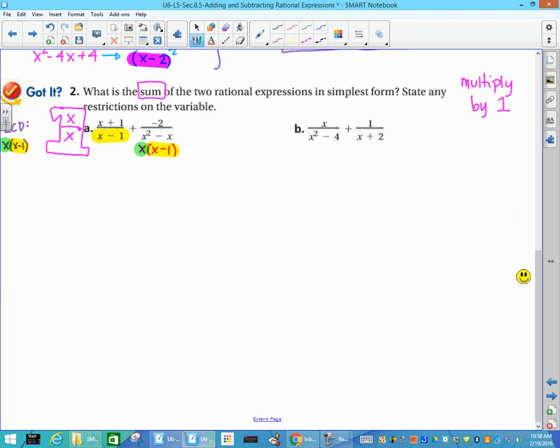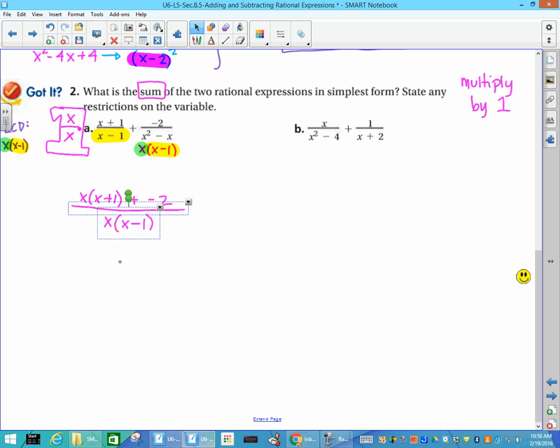So when you do this, I write whatever I have on the bottom, so that's my denominator. And when I multiplied it by this, this allows me to write the numerators all over the same thing. So this is x times x plus 1 plus negative 2. And now, of course, we're going to simplify that. Let me move that up a little bit.